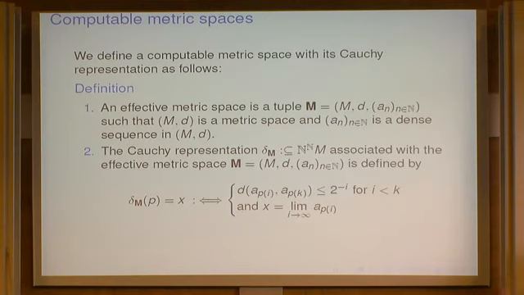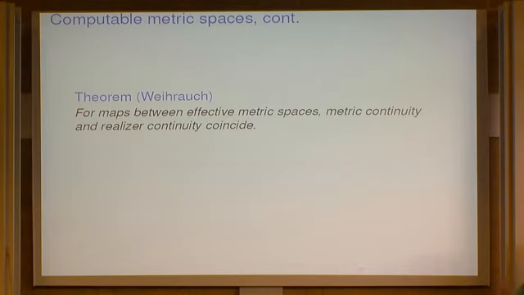This representation really means that the represented space and the metric space we started with are the same object in a sense, as justified by the theorem of Klaus Weihrauch, that the continuity notions in these two settings are the same, so it's really the concept that it should be.